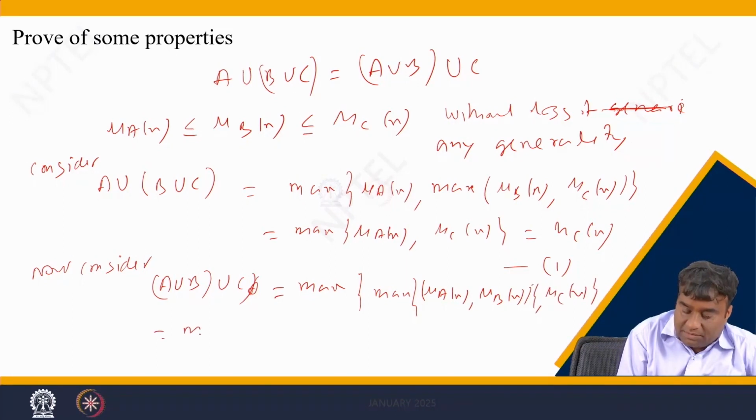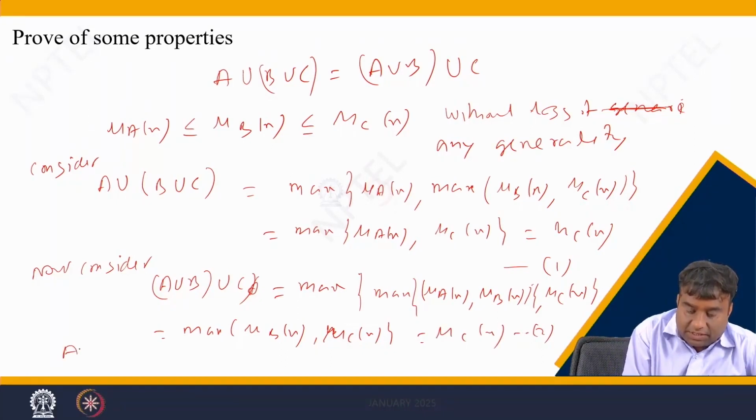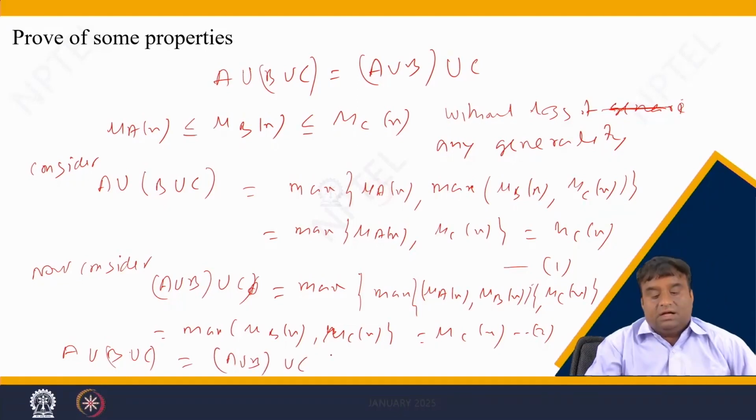So the maximum of mu A and mu B(x) is mu B(x), and then with mu C(x), the maximum of mu B and mu C is mu C(x). So that is equal to 2. Now from 1 and 2 we can conclude that A union B with union C is equal to A union B union C. So that is one property.